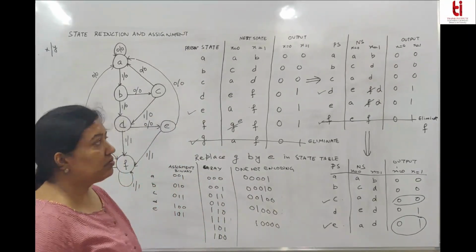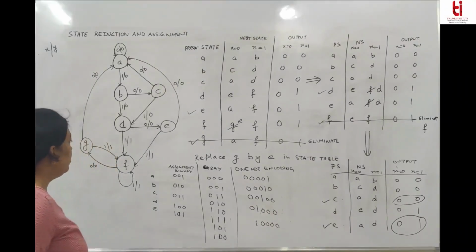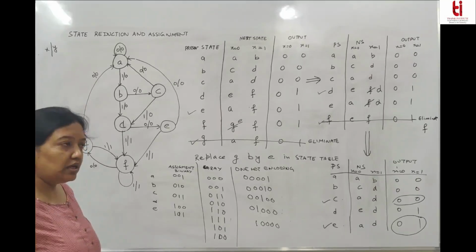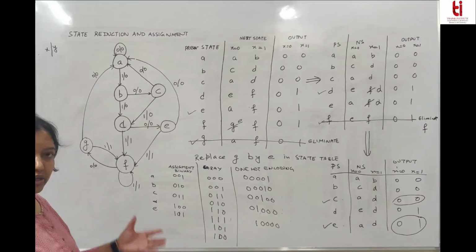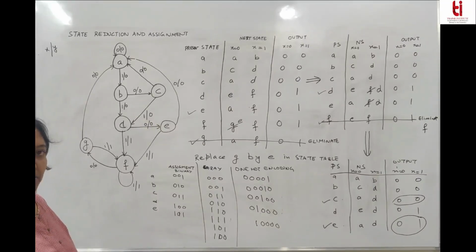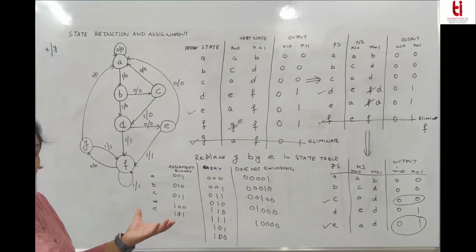So in a state table, if you want to do the state assignment, you can do it by 3 methods. One method is called binary coding. You can do the assignment using binary codes. Second is gray codes, and third is one hot encoding. When you want to do one hot encoding, the number of bits will be equal to the number of states.